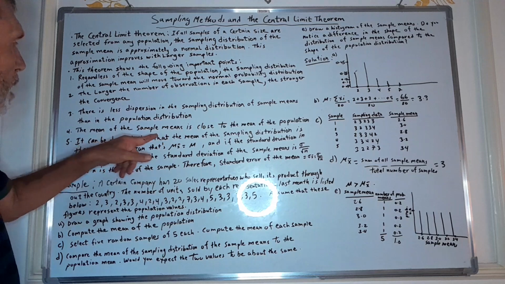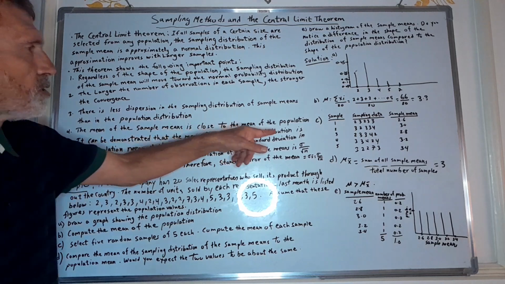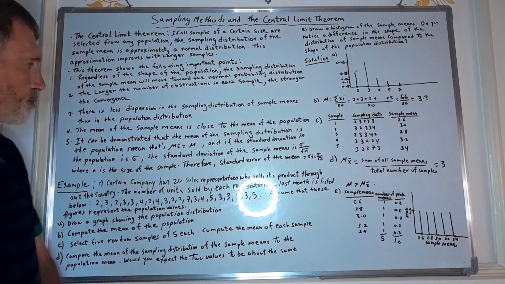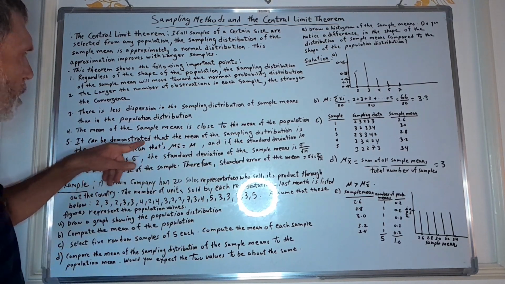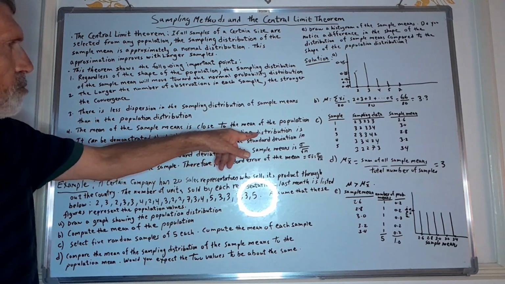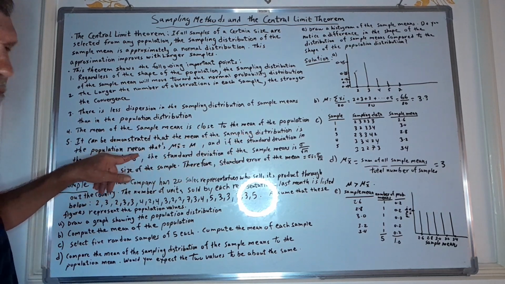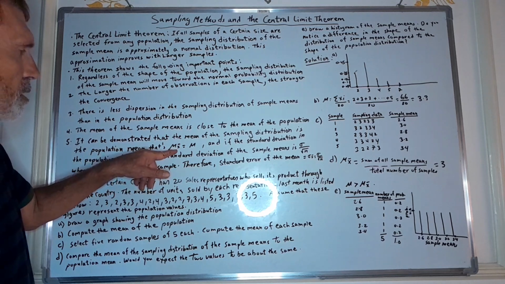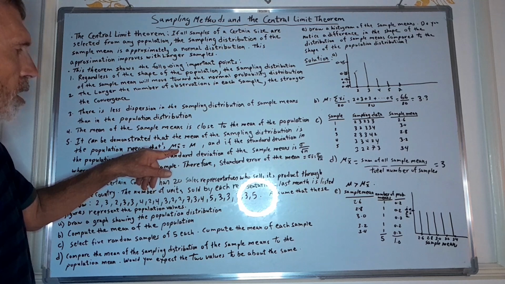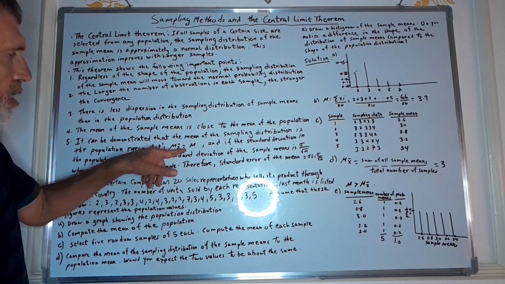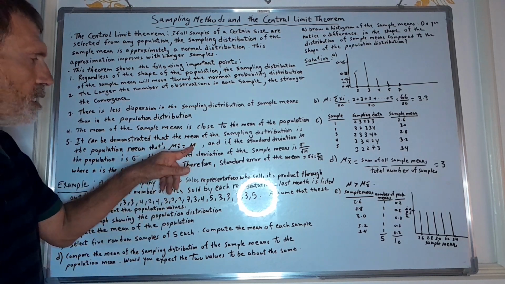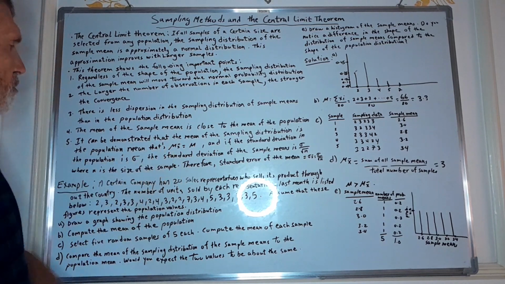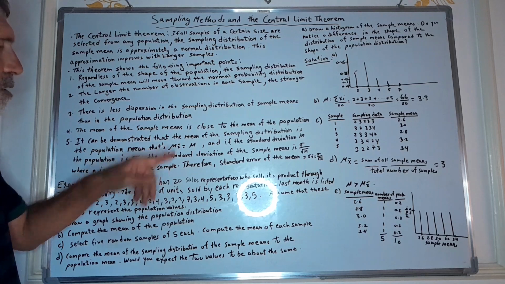The mean of the sample means is close to the mean of the population. It can be demonstrated that the mean of the sampling distribution is the population mean. That is, mu of x bar is equal to mu. Mu is the population mean, and this is the sampling mean.